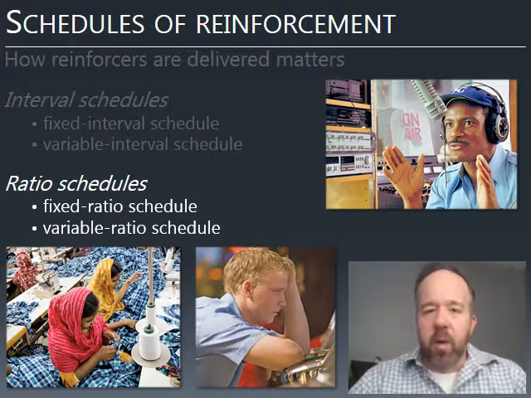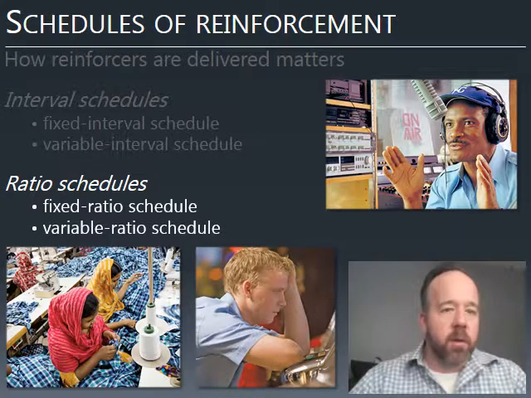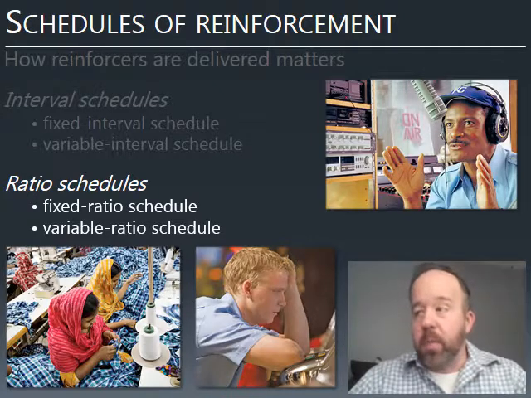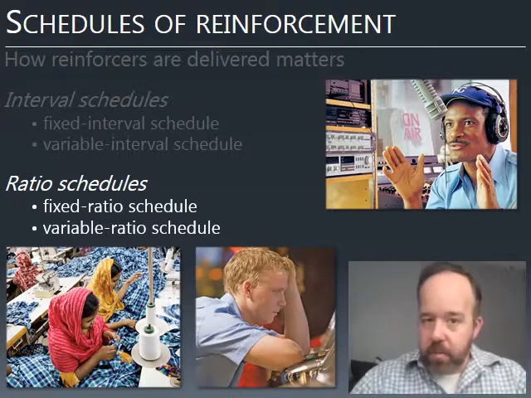So especially for variable ratio schedules, you don't know how much effort you need to expend to get your reward. And so people are often willing to expend quite a lot of effort before giving up, before unlearning the association between the behavior and the reinforcement.